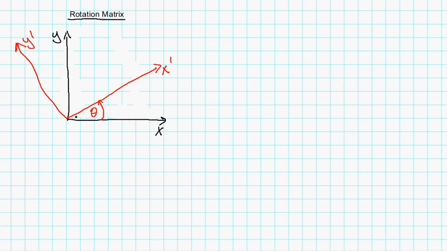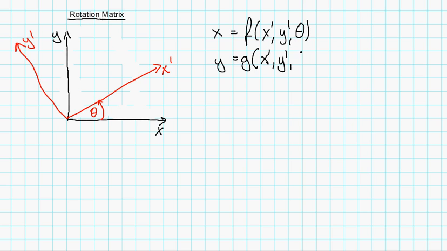Now, what we want to derive is: given a coordinate x prime, y prime in the rotated coordinate system, and the rotation, what is the position of it in the unrotated coordinate system? Or the other way around, what is the position? This is another function, g, of x prime, y prime, and theta.